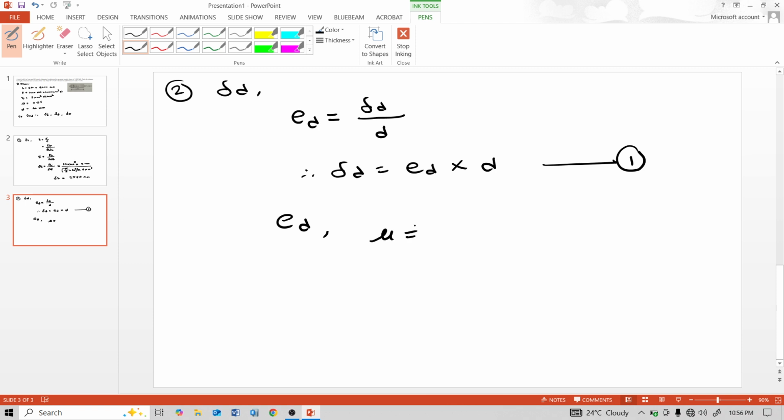Mu is equal to lateral strain to the linear strain, where lateral strain is epsilon D and linear strain is epsilon L. Therefore, epsilon D is equal to Poisson's ratio into epsilon L.